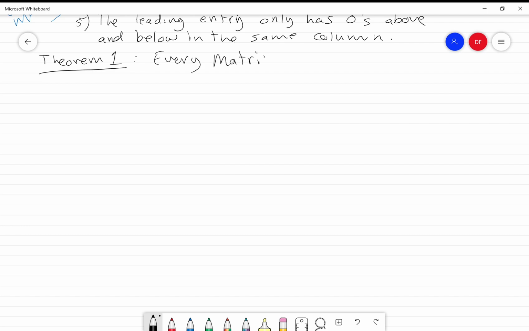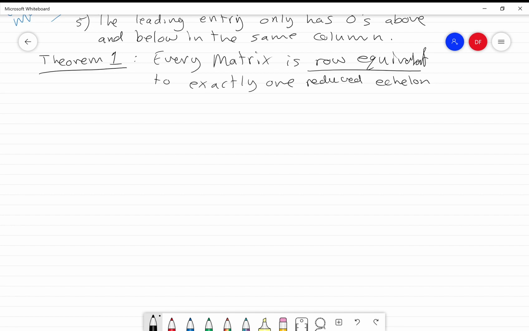Every matrix is row equivalent to exactly one reduced echelon matrix.